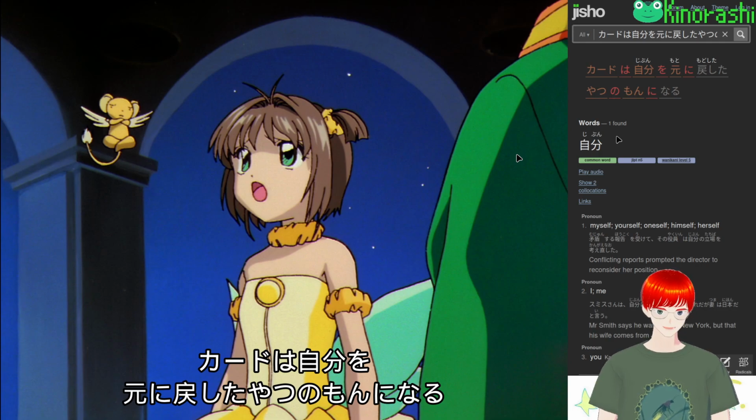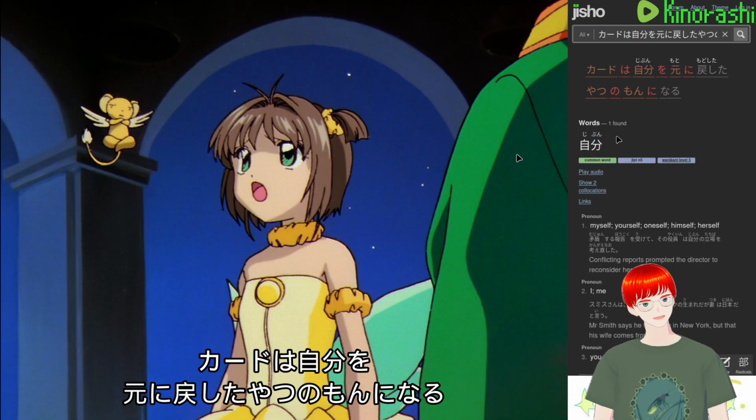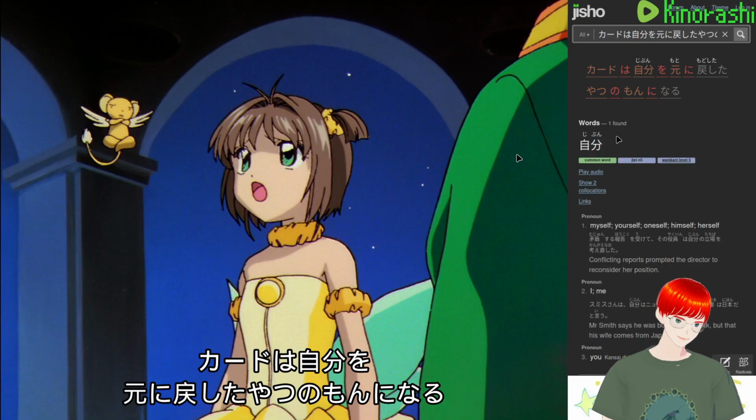Wo, object particle marking self as the target of an action. So, moto ni modosu, a set phrase meaning to restore, to return to the original state, to put back.